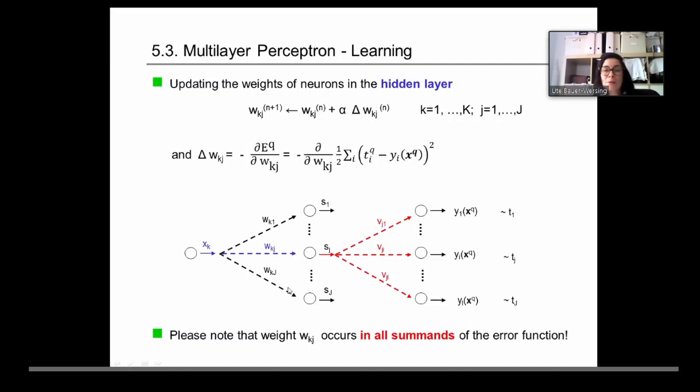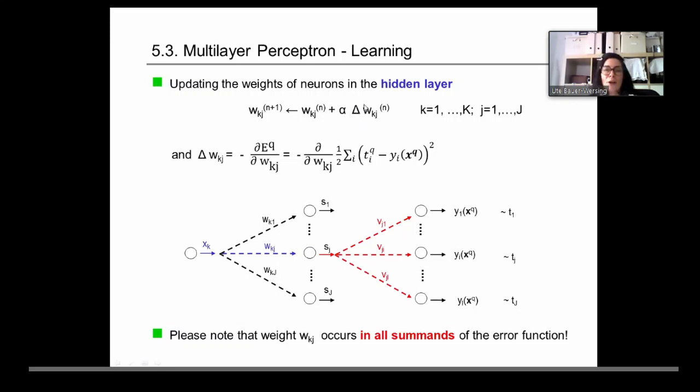This is how we term them. We update them by using the value we calculated for the weights in iteration step n, and we are adding the delta WKJ weight by a learning rate.